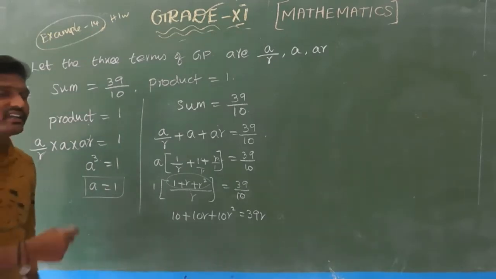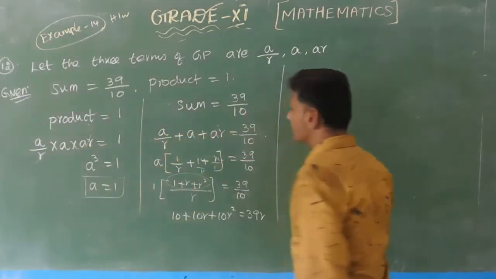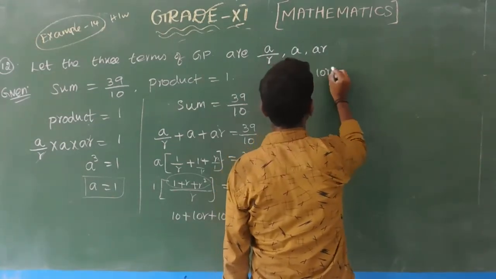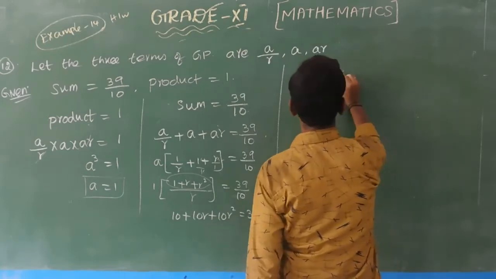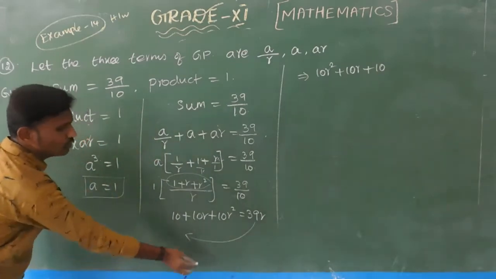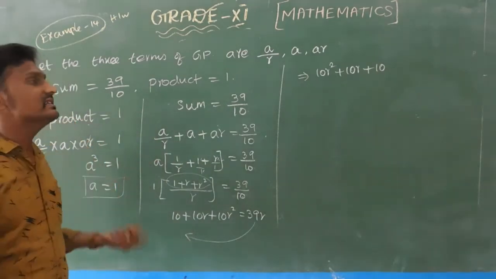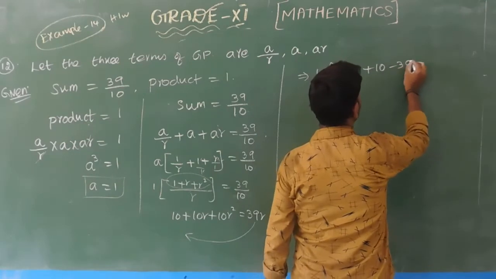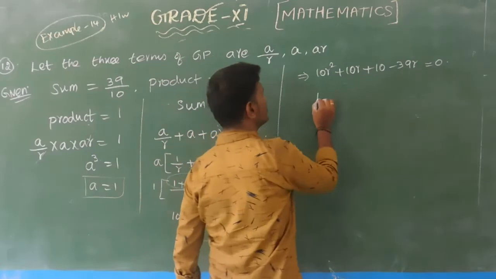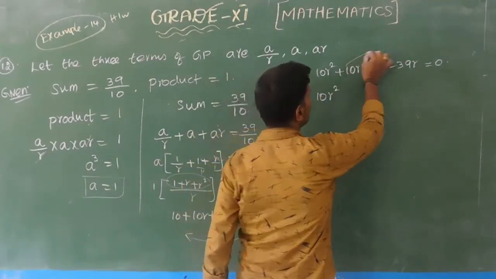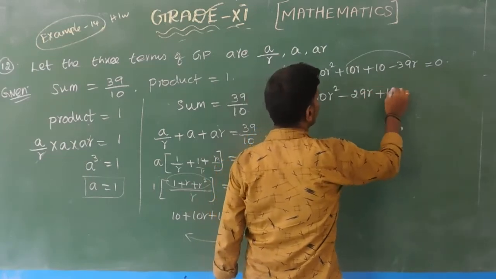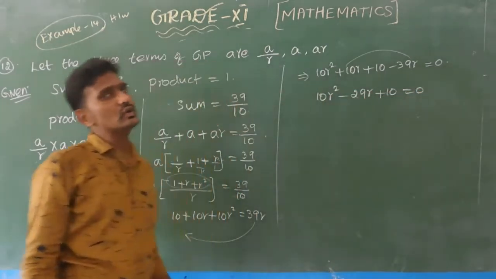Now I am going to take the terms to one side. 10r square, 10r, plus 10, and the 39r we want to move to that side, it will become minus. So minus 39r is equal to 0. Now simplifying 10r square plus 10r minus 39r gives 10r square minus 29r plus 10 equal to 0.